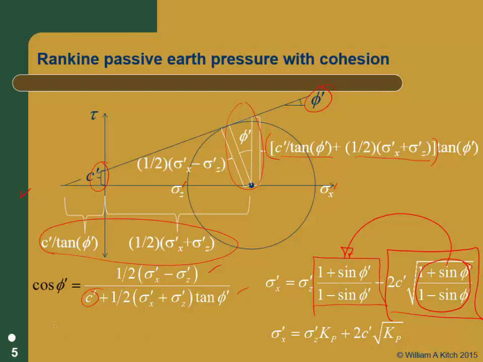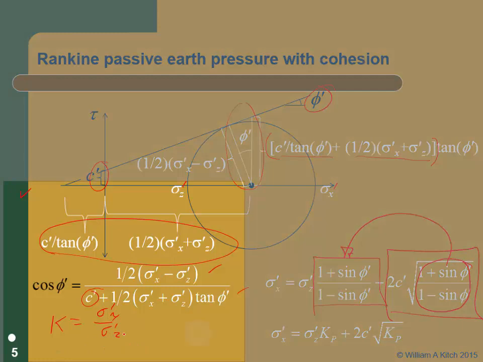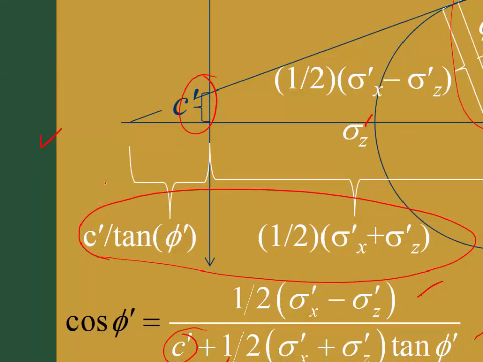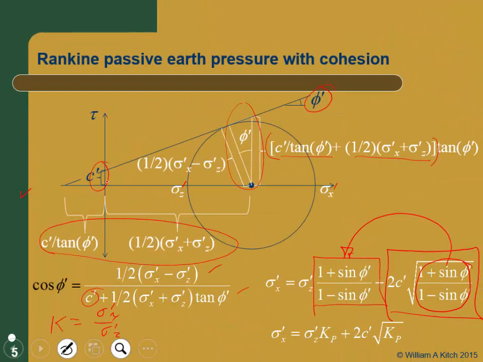Now, we've always told you that K is equal to sigma prime x over sigma prime z, right? We've always told you that K is equal to sigma prime z over sigma prime x, right?